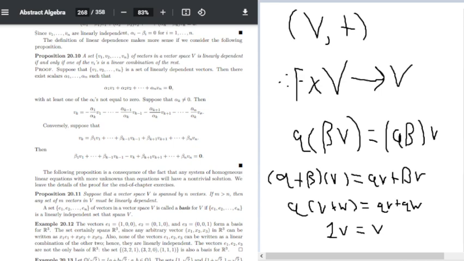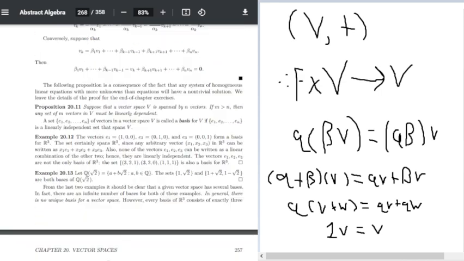Conversely, suppose that vk is equal to beta 1 v1 plus on and on to plus beta k minus 1 vk minus 1 plus beta k plus 1 vk plus 1 plus on and on to beta n vn. Then beta 1 v1 plus on and on to plus beta k minus 1 vk minus 1 minus vk plus beta k plus 1 vk plus 1 plus on and on to plus beta n vn is equal to the 0 vector.